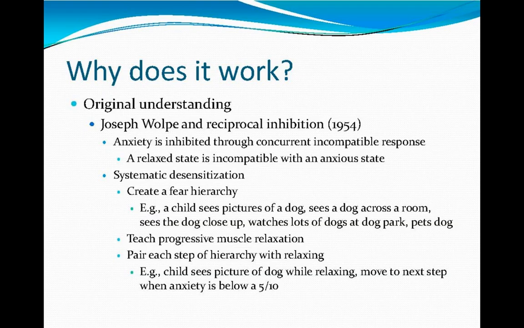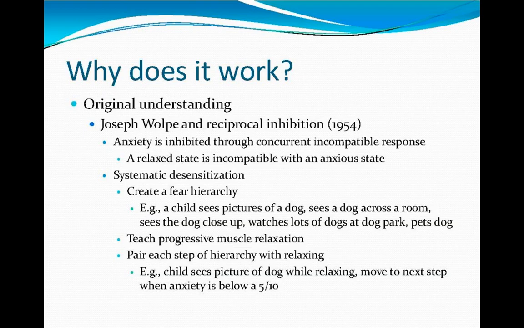The guy who actually developed this was Joseph Wolpe, and he's the developer of systematic desensitization, which you're probably familiar with. And his initial understanding of why exposure therapy helps in reducing anxiety is what he called reciprocal inhibition. What that means is that the anxious state gets paired with some type of incompatible response.